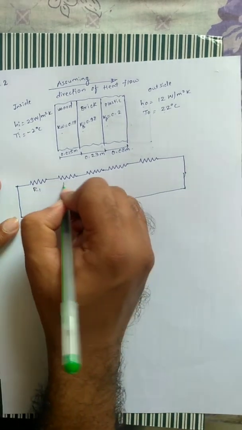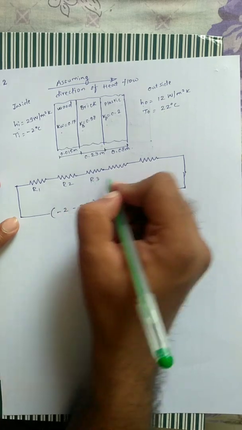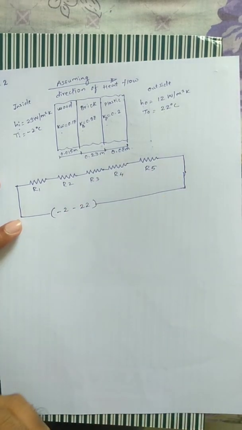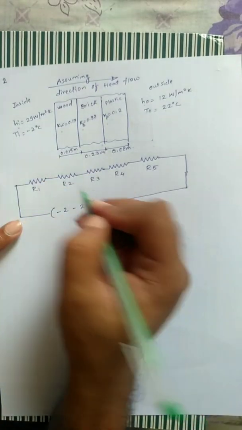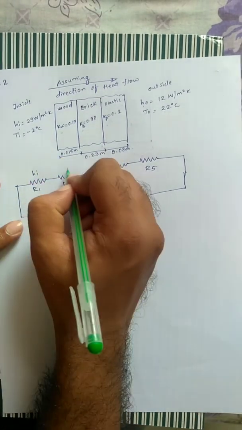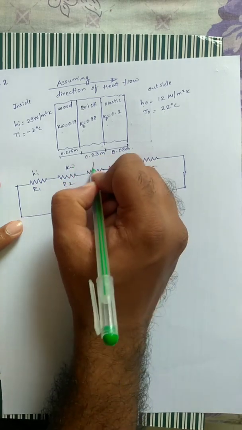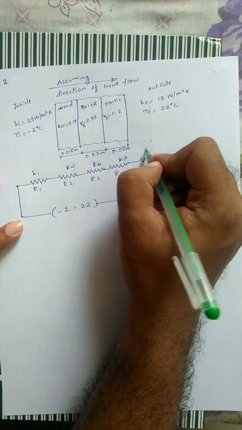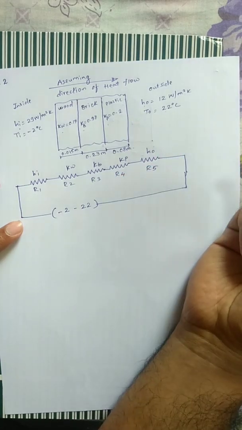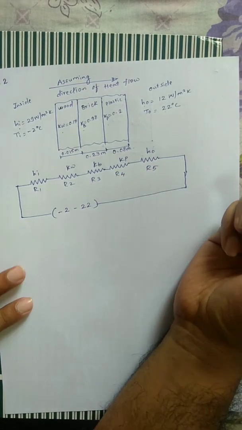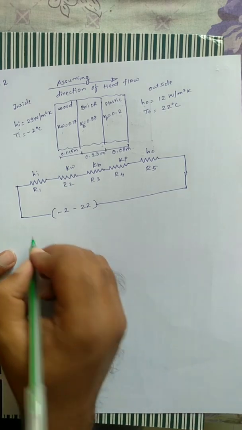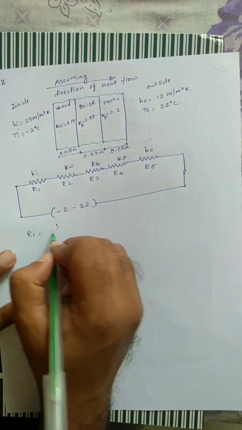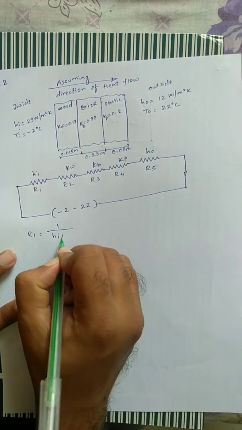Let R1, R2, R3, R4 and R5 be the resistances. It is due to HI, due to KW, due to KB, due to KP, and due to HO. Now let us find out the individual resistances. What will be R1? It will be 1 upon HIA.